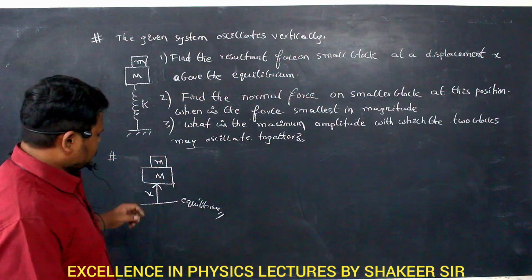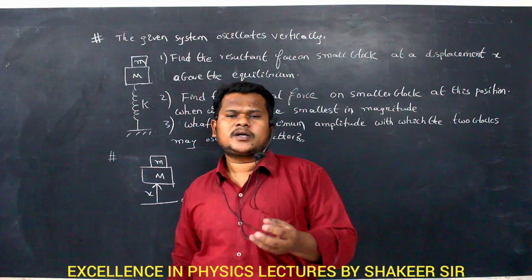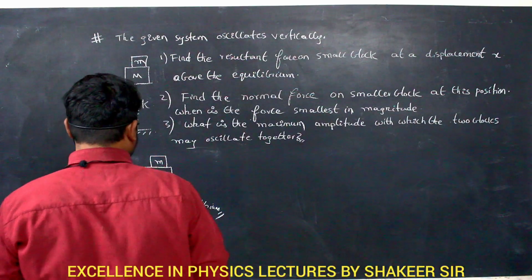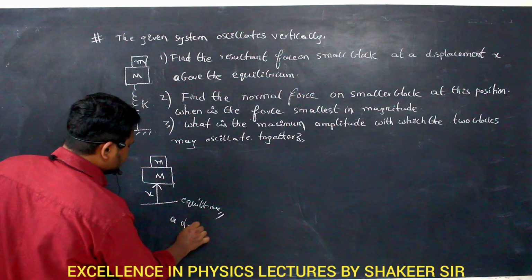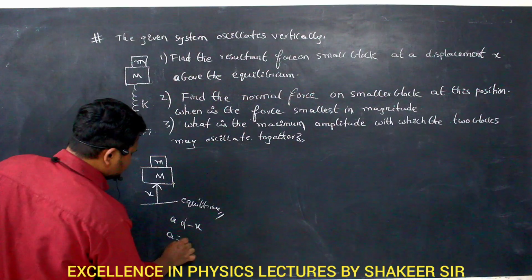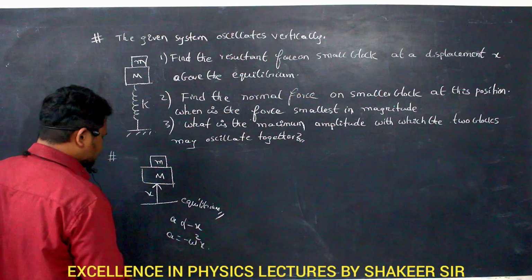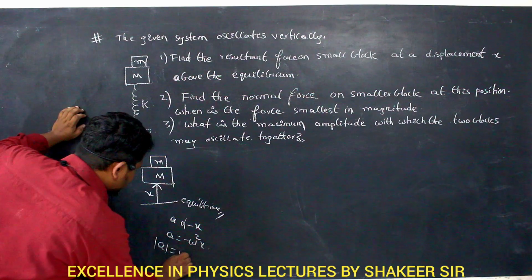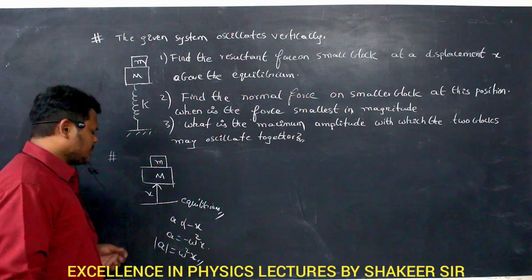When the masses get displaced by x, what is the acceleration produced in the masses? Already we have calculated that a is directly proportional to minus x, or I can write a is equal to minus omega square into x. The minus indicates direction here. If I write just the magnitude, a is equal to omega square into x. So this is the acceleration experienced by the masses.